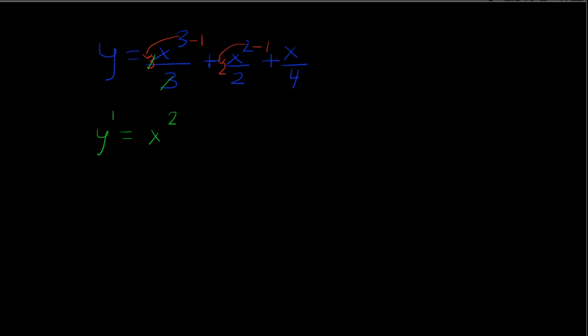The 2's are going to cancel. So I'm left with x to the first. And for x over 4, we can think of x as x to the first. The 1 comes down, and we subtract 1 in the exponent. So this thing turns into just 1. And so I have 1 over 4. So my derivative is x squared plus x plus 1/4.